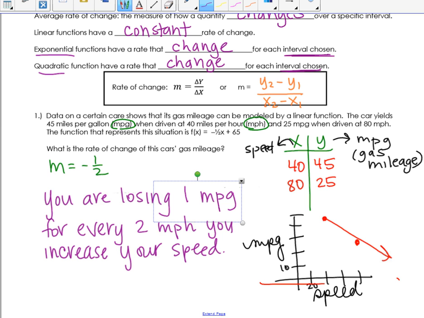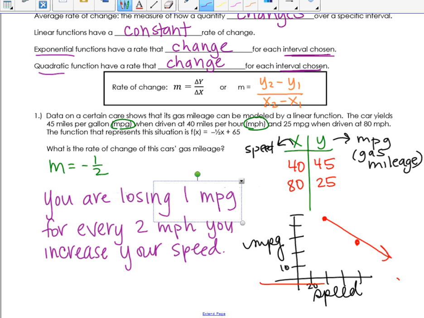Okay, so if you increase your speed by 10 miles per hour, then you're going to lose 5 miles per gallon. Remember, it's constant, that rate of change. So if I increase by 20 miles per hour, then I'm going to lose 10 miles per gallon. Okay, if I'm doubling my miles per hour, then I'm doubling the loss of miles per gallon. But we're losing because that's a negative slope.